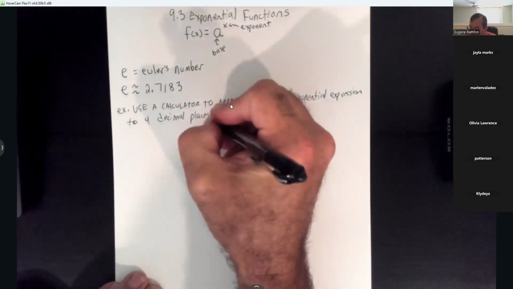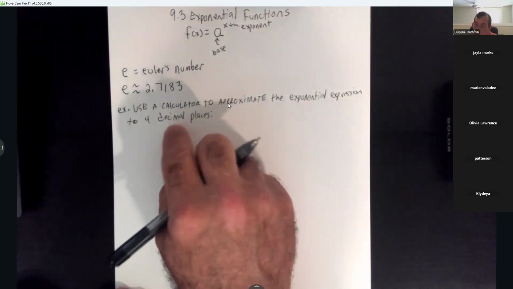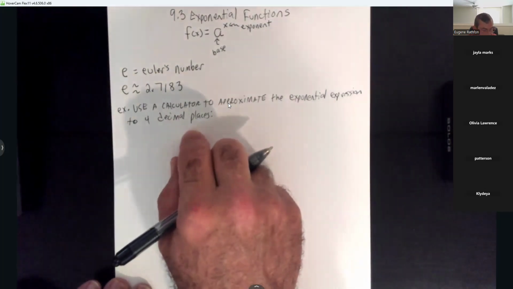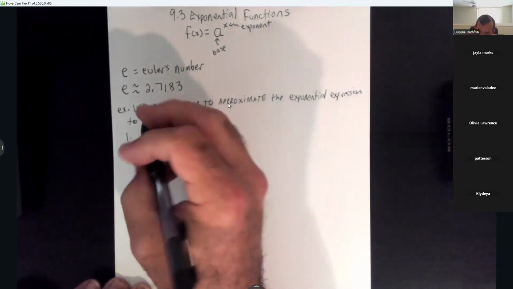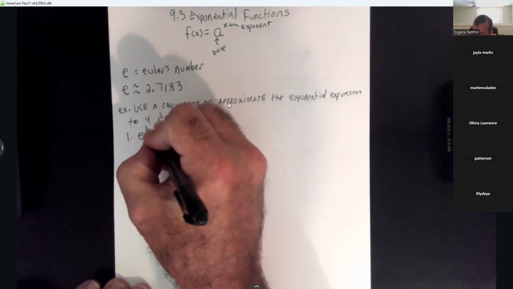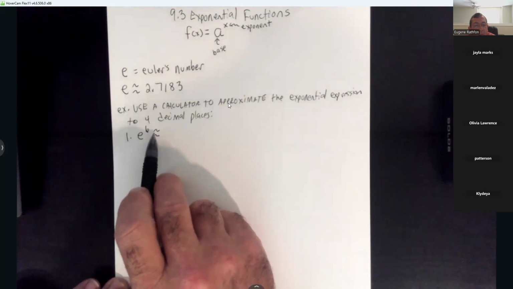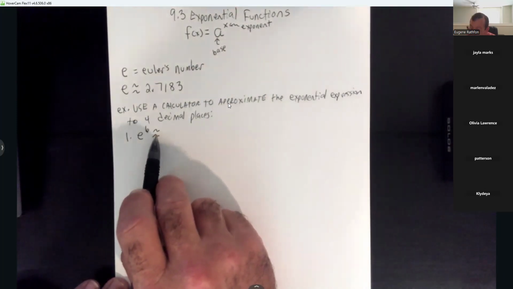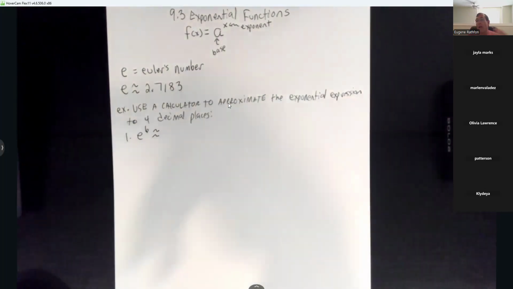So y'all, you have no choice. You got to use some kind of calculator on this because these are not able to be done by hand, okay? So for the first one, they wanted me to approximate e to the 6. And when you see these little curvy equal signs, that means you're approximating the answer, okay? We're rounding it off. So y'all, we would go to our calculator for that.